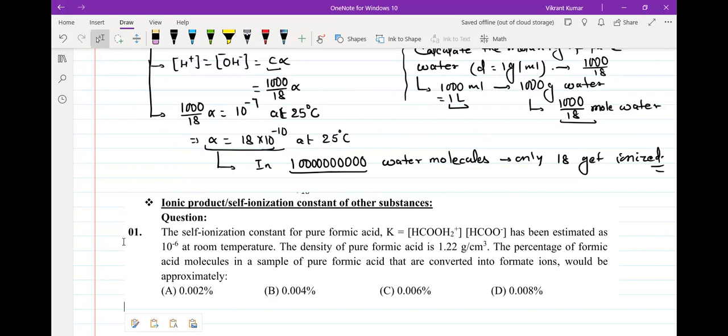You need not be very exact. Approximate calculation will also work. Oh, sir, 4 into 10 power minus 3. That means you are saying option B, 0.004. Okay, I'll wait for other people.